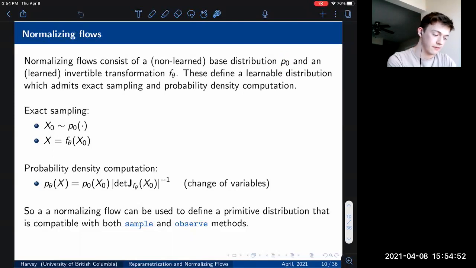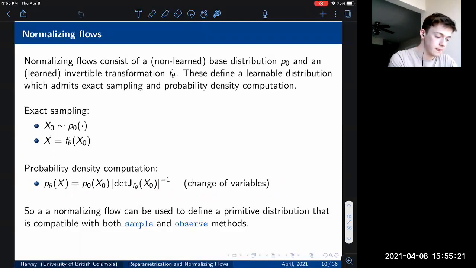And we have an invertible transformation F theta. Together, these define a learnable distribution, which we can sample from like this: we sample x0 from the base distribution, and then transform it using F theta. It also allows us to do probability density computation, using the change of variables rule.